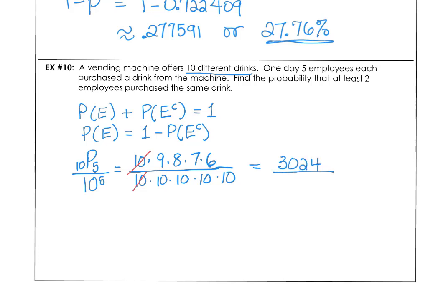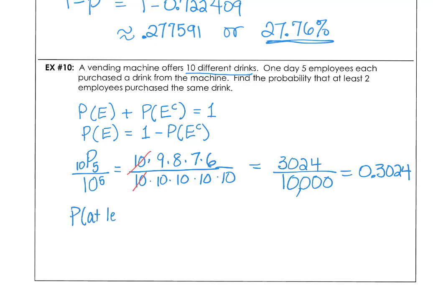And we've got 10 to the 4th power. So 10,000, which gives us 0.3024.